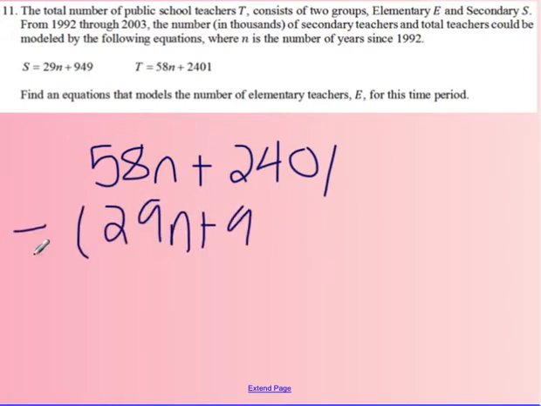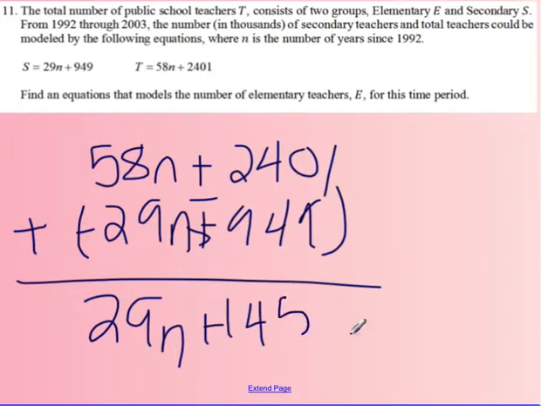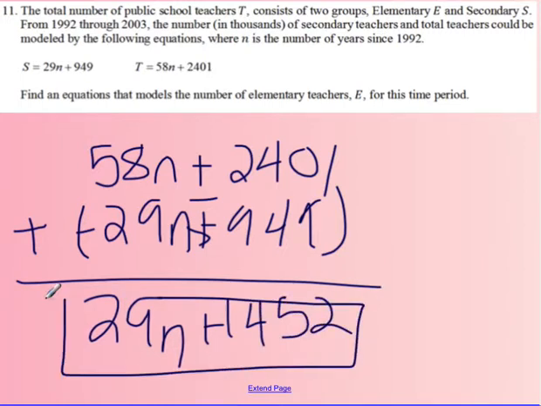To subtract those, we need to change the signs of everything. So we're going to subtract down the columns. 58n minus 29n is going to give us 29n. 2,401 minus 949 is going to give us 1,452. So this right there represents the number of elementary teachers.